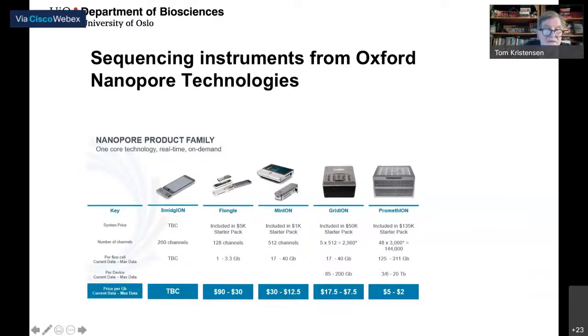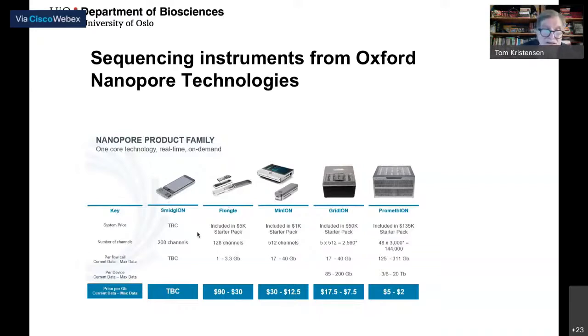They have this small MinION instrument, and one can put several MinIONs into one unit to get a higher capacity for sequencing. They also, at least some years ago, were trying to develop a smaller version, which can be coupled to your mobile phone so that you can sequence directly using your mobile phone instead of a computer.